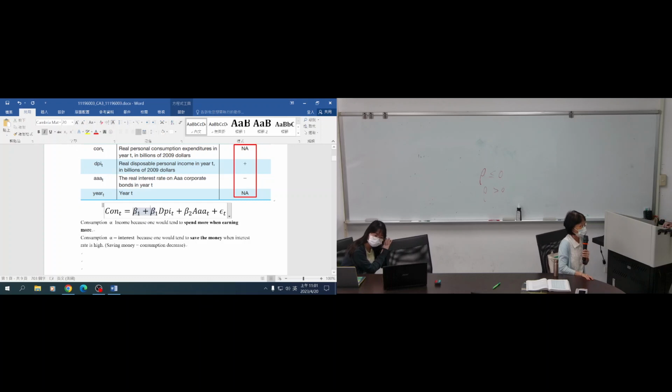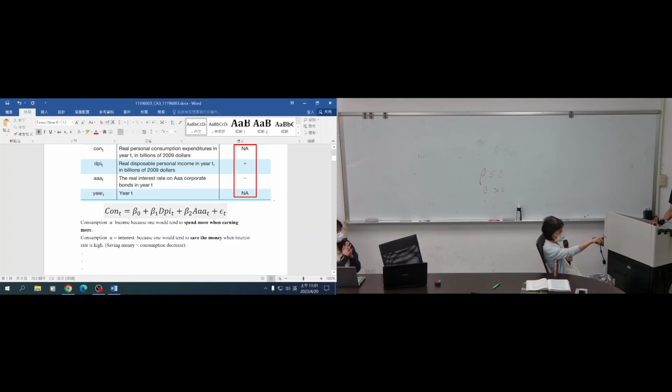Okay, beta 0. Yes, this is the correct model. Then what did you write here? Consumption, oh, this means direct proportion. Direct ratio. Do you mean this one?